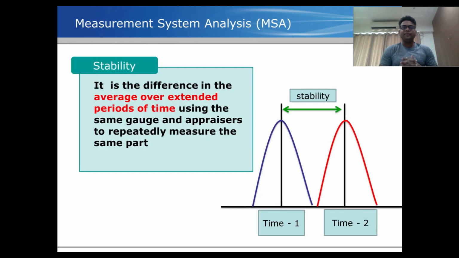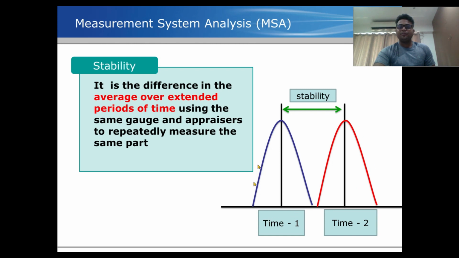Another is stability. It is the difference in the average over an extended period of time, using the same gauge and appraisers to repeatedly measure the same part. So here you will see that in both examples, this is time 1 and this is time 2.